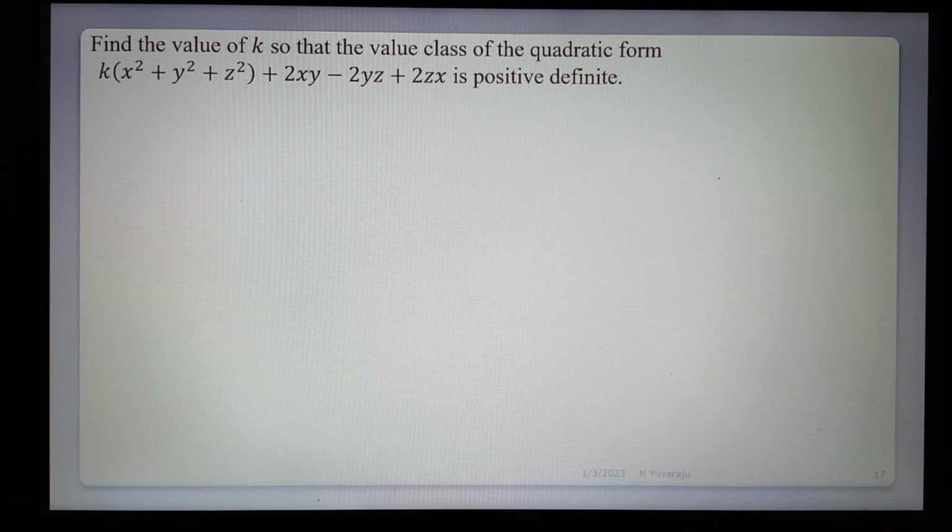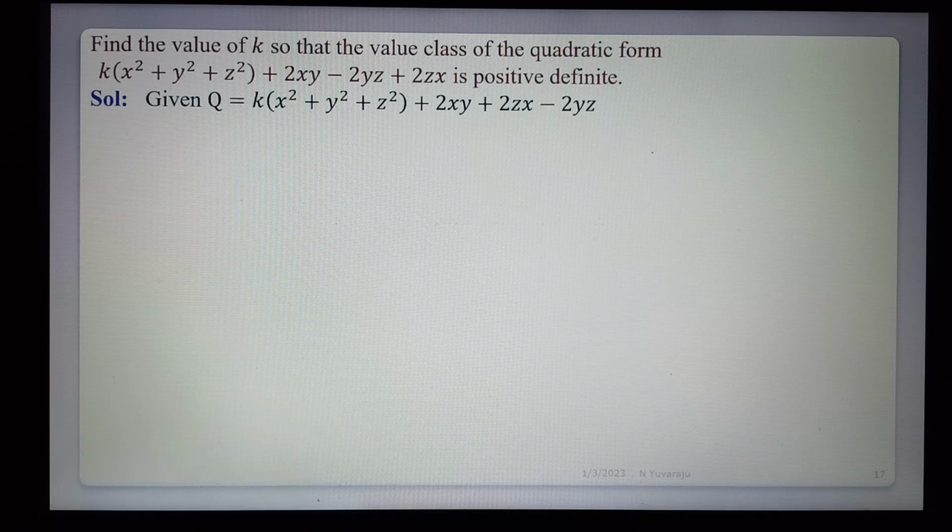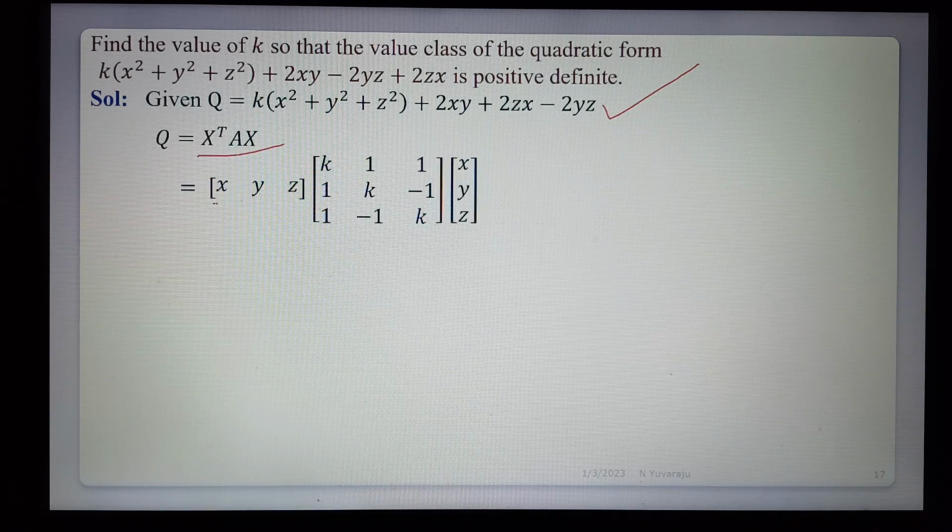The same procedure. Given quadratic form Q in matrix notation is x transpose A x. Here the coefficients of x square, y square, z square are k, so the diagonal elements are k, k, k. X transpose is x y z, the number of unknowns being 3. Next, the xy coefficient is 2, so half is 1, 1.